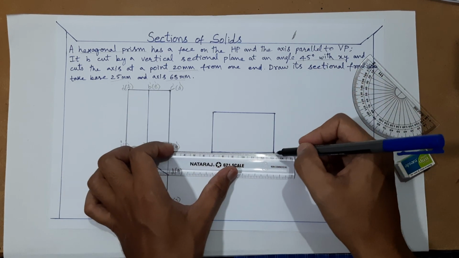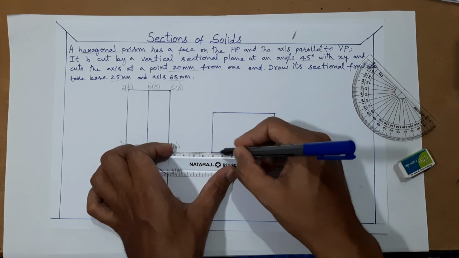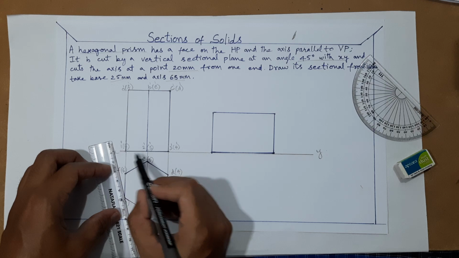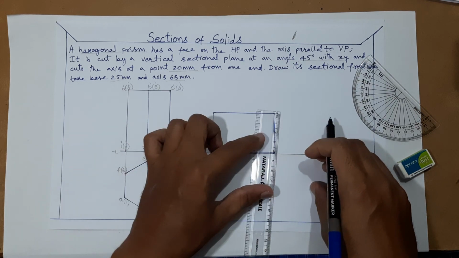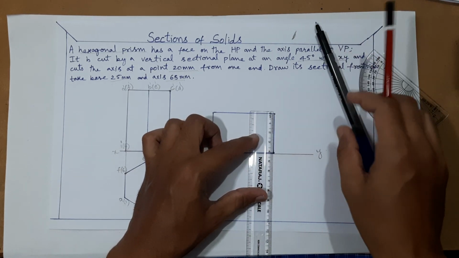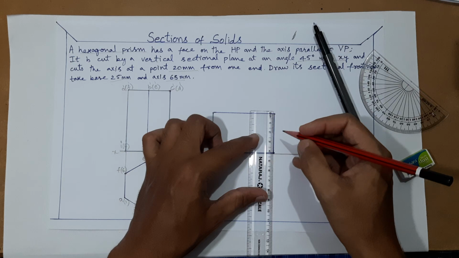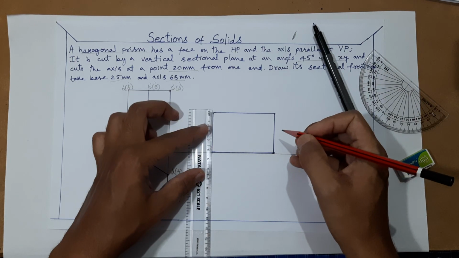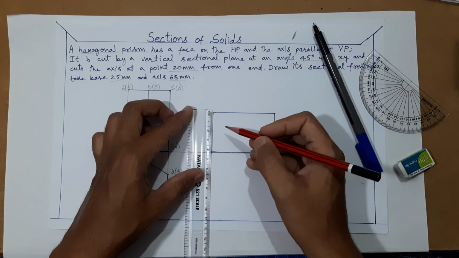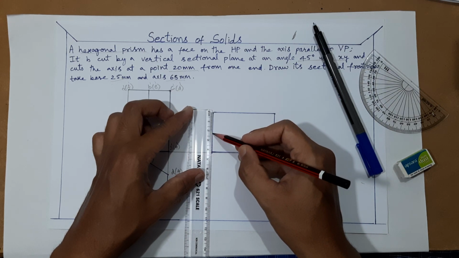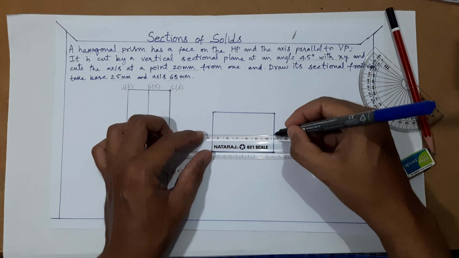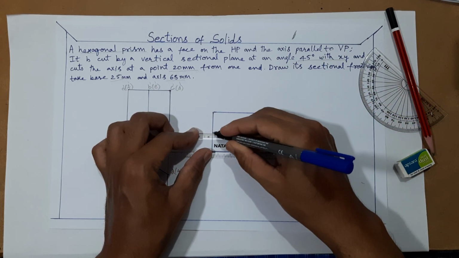Here comes the front view. This middle line is at the midpoint of this, so it is 42, midpoint will be 21, somewhere here, and for this somewhere here. That's all.